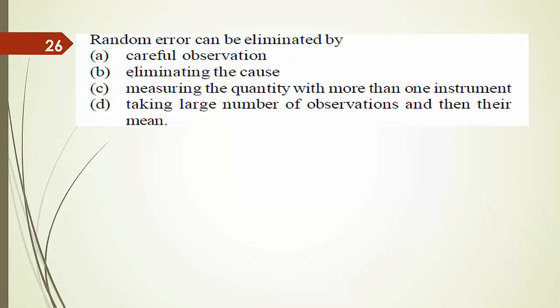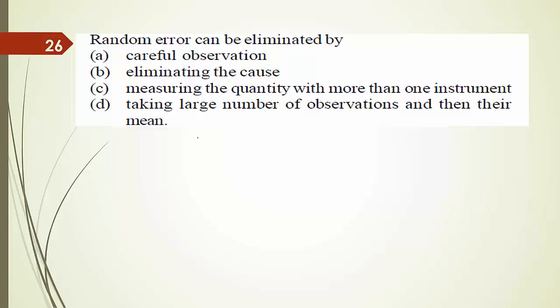26th question: random error can be eliminated by. We can decrease the random error. Option A, careful observation. Option B, eliminating the causes. Option C, measuring the quantity with more than one instrument. Option D, taking a large number of observations and then their mean value. Which is the right option?